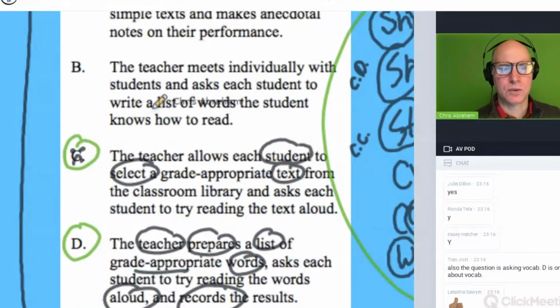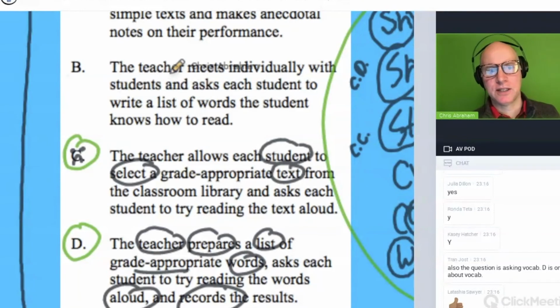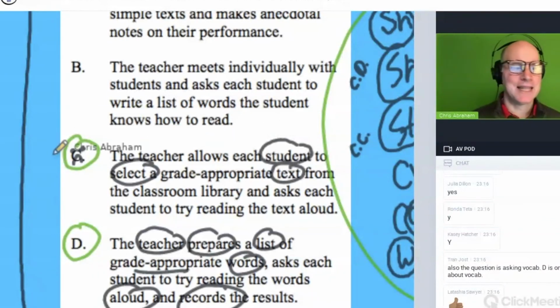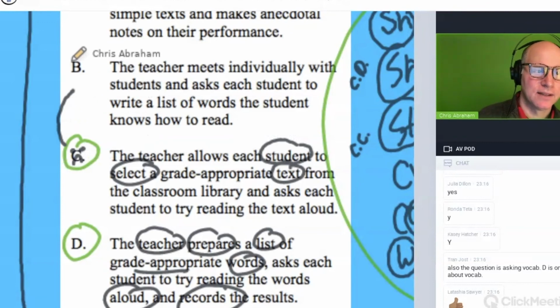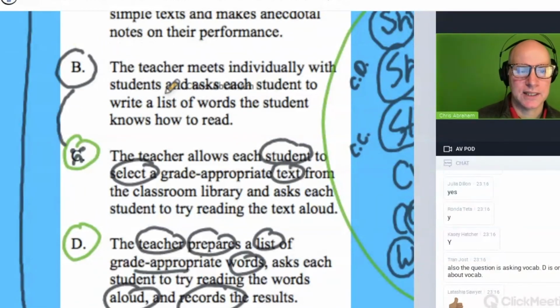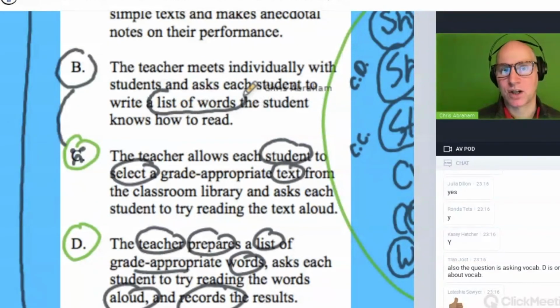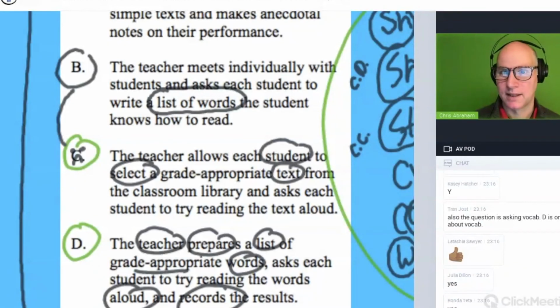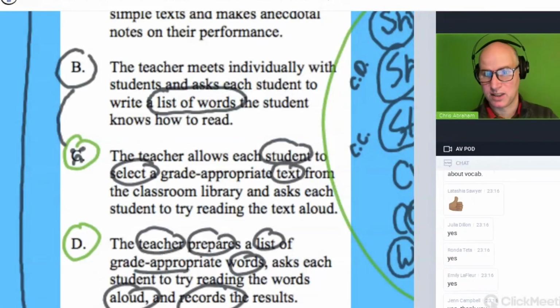Someone said, what about B? Teacher meets individually with students and asks the student to write a list of words the student knows how to read. I think, again, that would kind of be like C. The student would be writing words that they're comfortable with, right? They're probably going to shy away from words that they're not comfortable with.